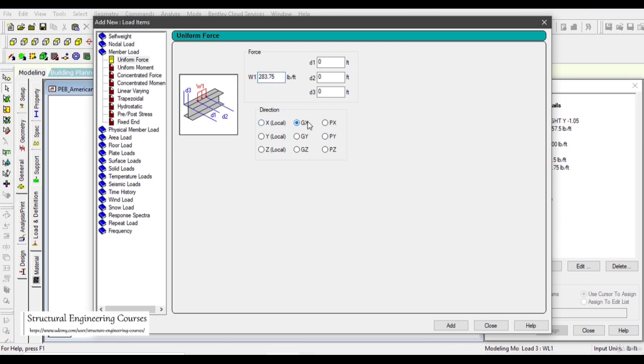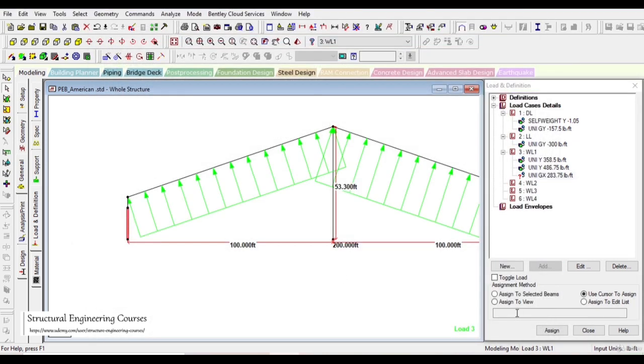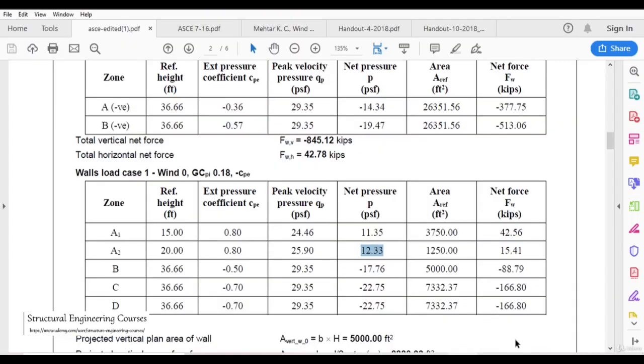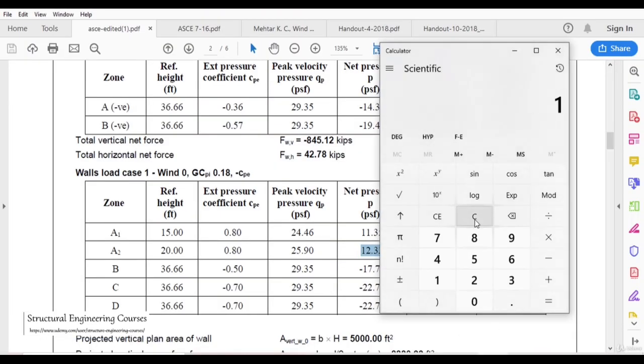Direction we can take as global X, and it is now increasing from 283.75 to this 12.33 into 25, so 308.25.